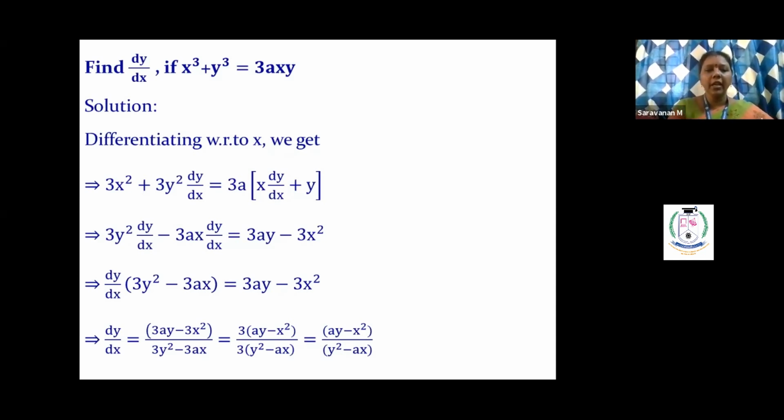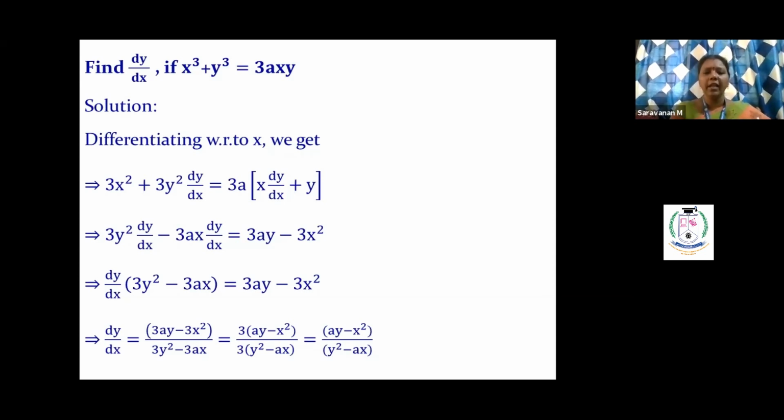Now take dy by dx common. Taking dy by dx common, we get 3y squared minus 3ax is equal to 3ay minus 3x squared. I have written the right hand side as it is, only on the left side taking dy by dx common. Then dy by dx is equal to, bringing that left hand side term to the right side, 3ay minus 3x squared divided by 3y squared minus 3ax.